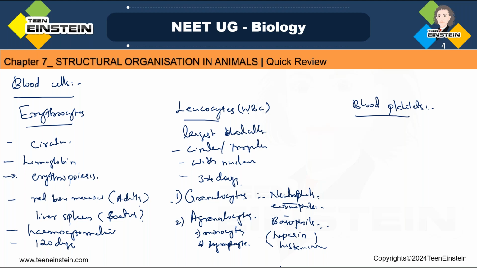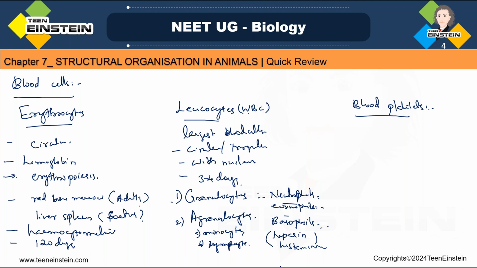Monocytes have kidney-shaped nuclei, this is a previous year question. And lymphocytes are the smallest leukocytes and they have large, round, dense nuclei.